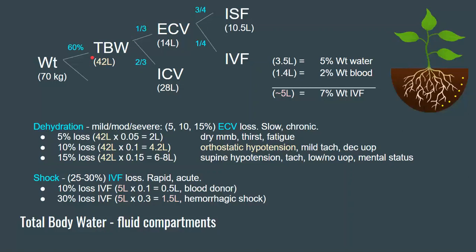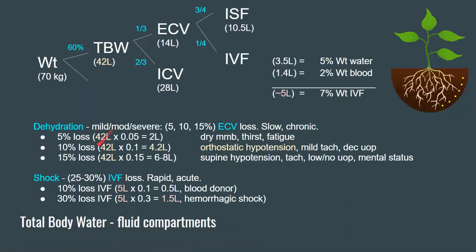Now, look at what happens with shock. Shock is a big deal, but the thing to remember about shock, especially in hemorrhagic shock, which I'm talking about, is that it can occur in patients when they lose as little as 1.5 liters. Now, if you lose 1.5 liters over here, that's no big deal.